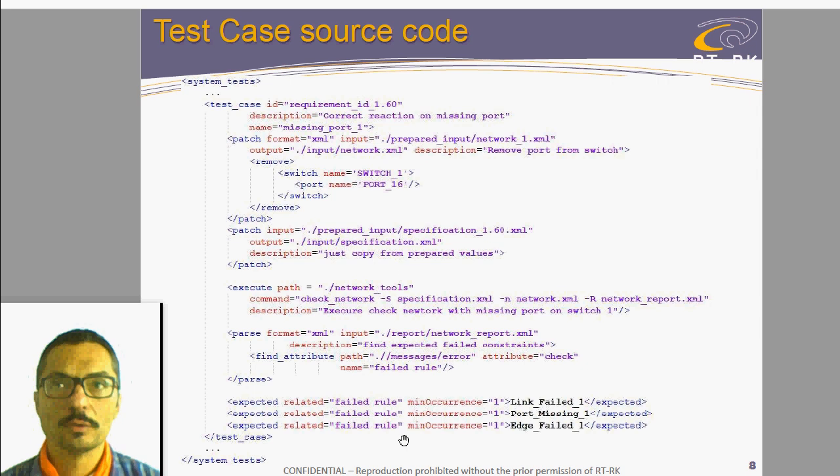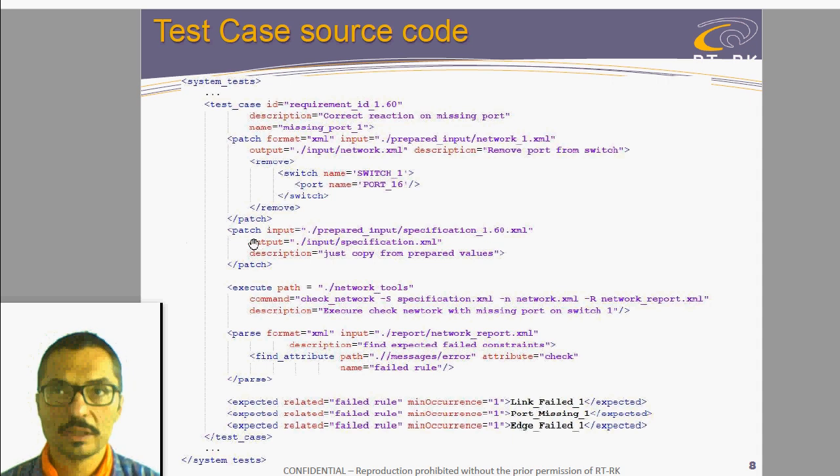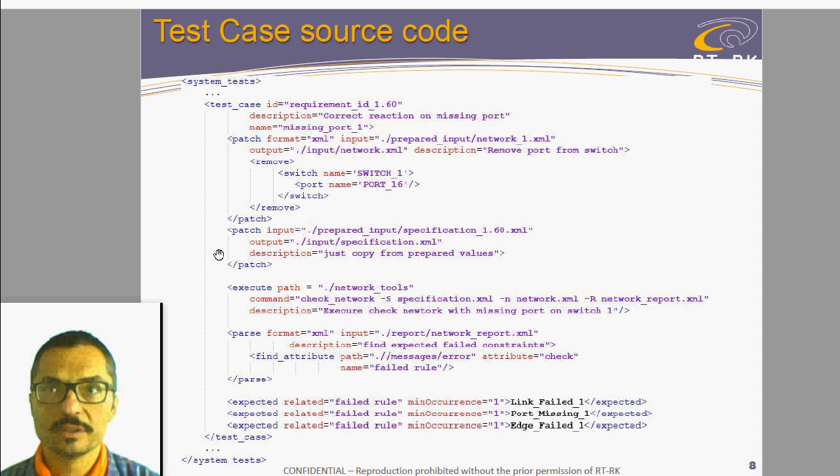So how does it look? The test case, the building block, is here. Here is the ID that is aligned with the requirement. Description, name. Here there can also be a severity, but the default value of severity is error. There are various levels of severities. Then we have two patches here. One is format XML.